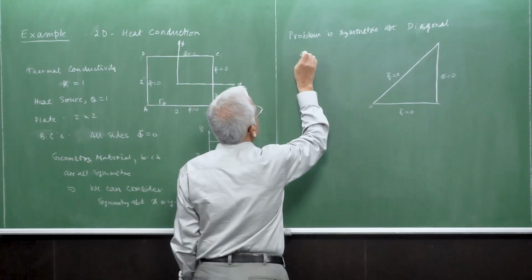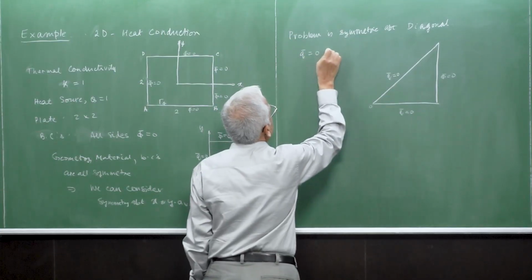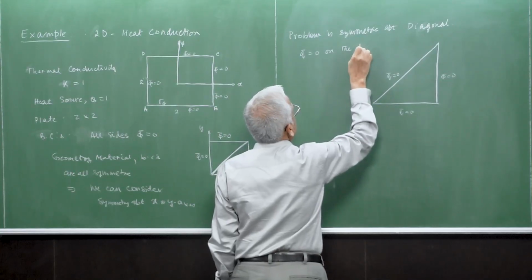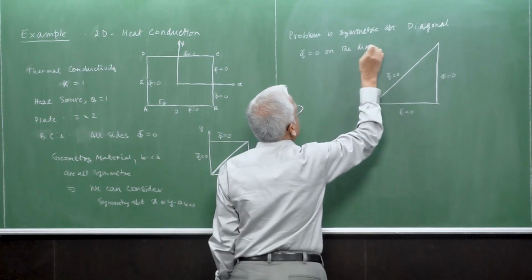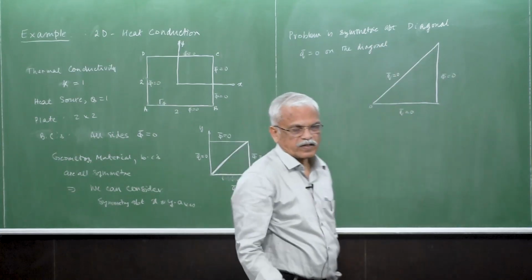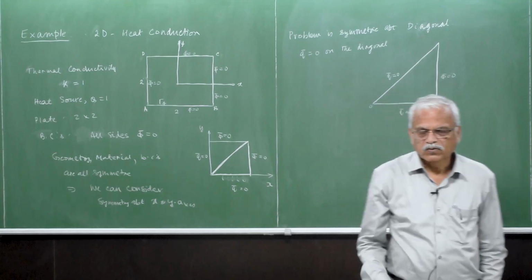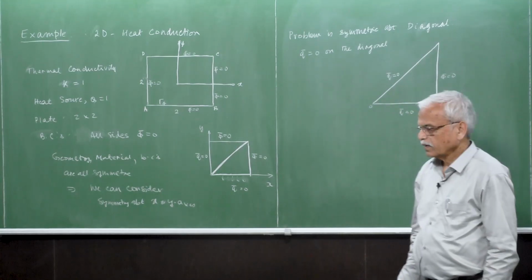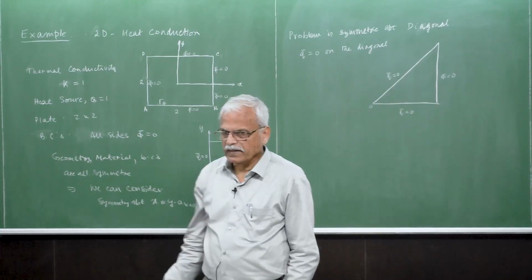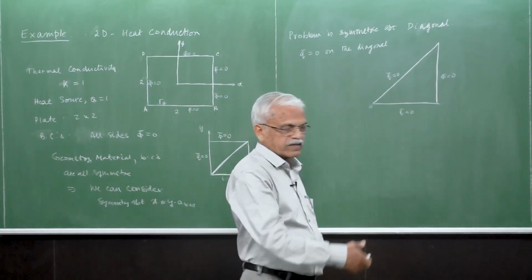So q bar is 0 on the diagonal. Heat neither enters nor leaves, right? So q bar is 0 on the diagonal here. So we made the problem as simple as possible.